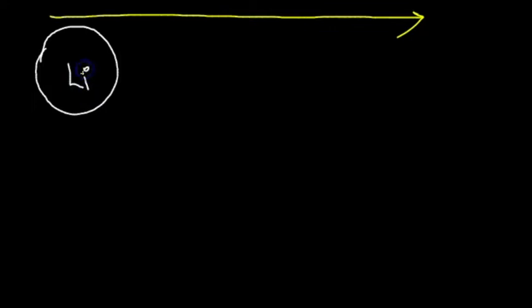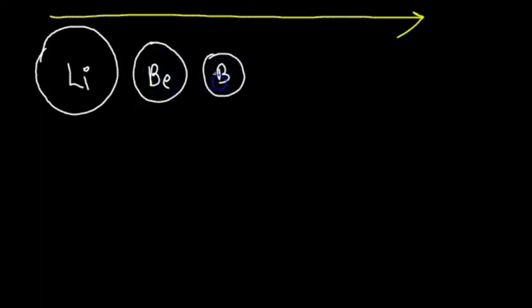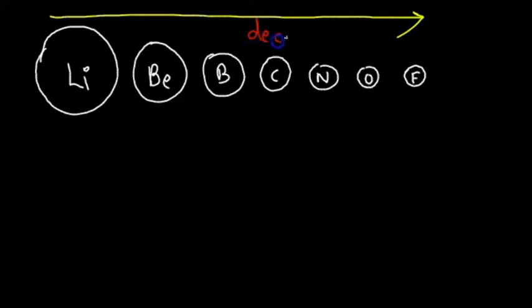So this would be a lithium atom. This is going to be beryllium, and then boron, carbon, nitrogen, oxygen, and fluorine. As you can see, the size of the atoms decreases as you go towards the right. Now I'm going to put some numbers to go with this. Lithium has an atomic radius of 152 picometers.